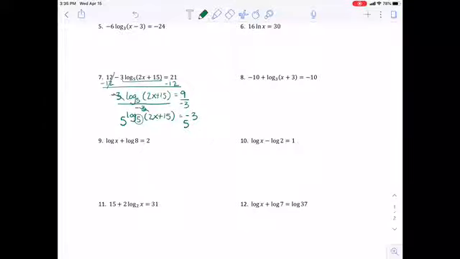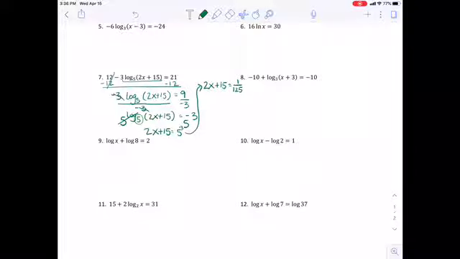My 5 and my log base 5 will cancel, leaving me with 2x plus 15 equals 5 to the negative third power. Well, if I type in 5 to the negative third power, my calculator will tell me that it's either a decimal or I know that as a fraction it's 1 over 125. So this becomes 2x plus 15 equals 1 over 125.